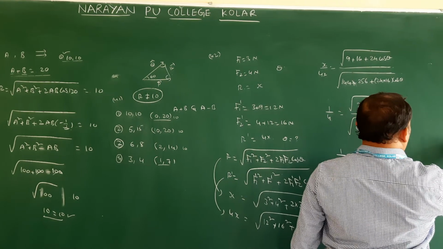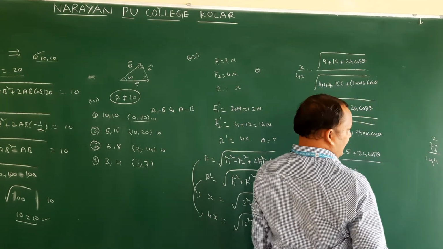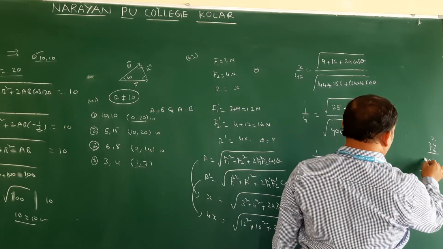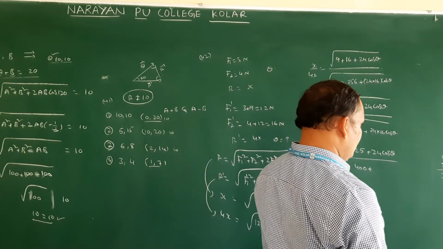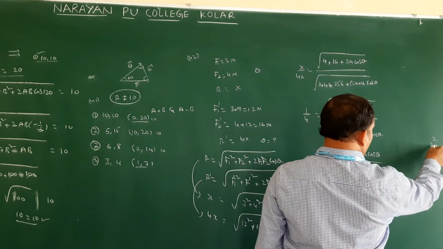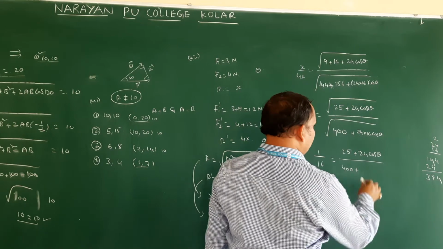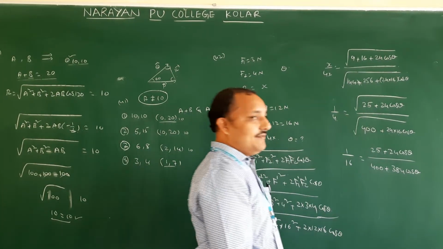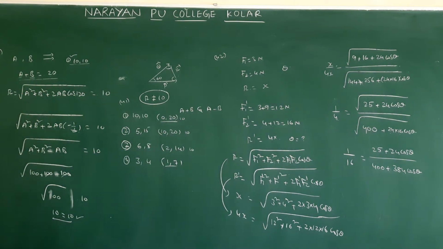So 6 4s are 24, 6 2s are 12. Correct only, 144, 384. So 384 cos theta. That one we will solve.